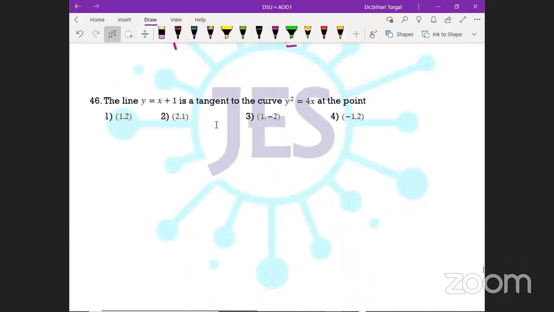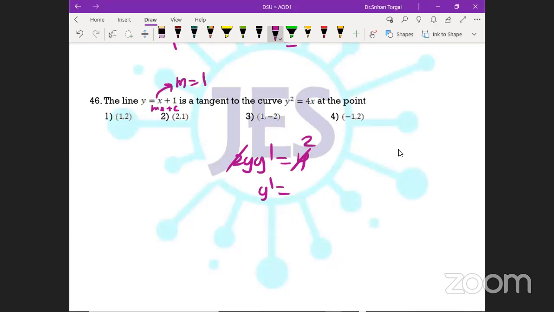Question number 46. The line y equal to x plus 1 is the tangent to the curve. Then what is the slope here? M value is 1, right? Y equal to mx plus c. To the curve, 2y into y dash is equal to 4. 2 ones are 2 2s. Y dash is equal to 2 by y. What I have to replace this y dash by? 1. Y is equal to 2.